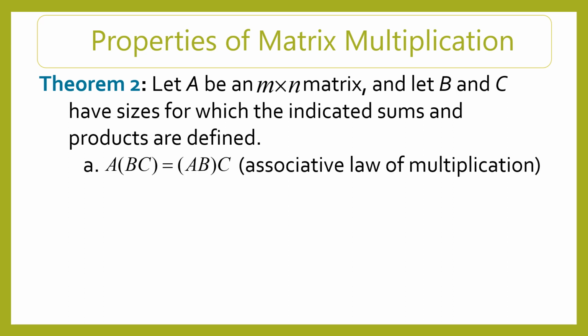So first, if I multiply A times the product of B and C, I can reassociate this into AB then times C. This is called the associative law of multiplication for matrices.